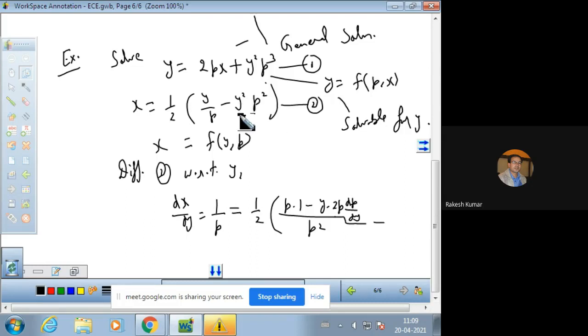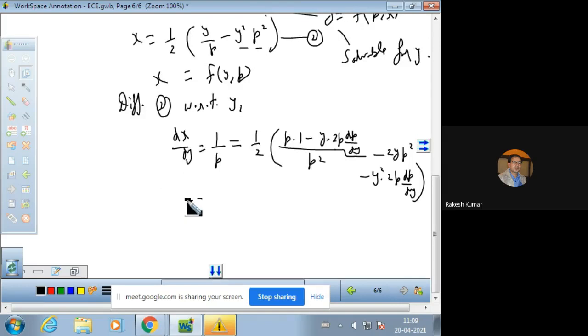Similarly, the derivative for y square p square, so the u into v formula is applicable here. The derivative is 2y p square minus y square into 2p dp over dy. So this is by the derivative method. Ultimately, what we are left with is p over p square, which is 1 upon p, and 1 p is also cancelled with p square here.